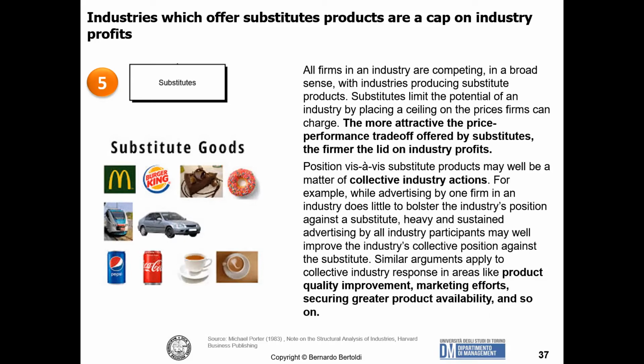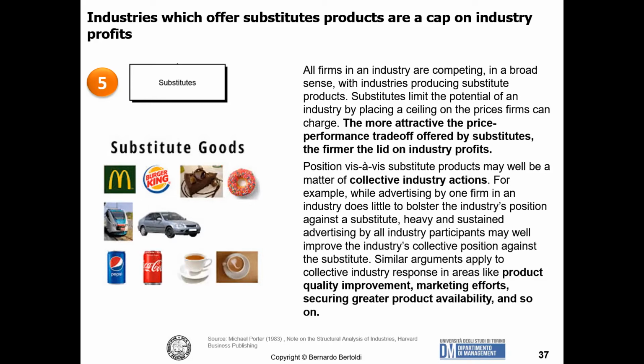So here it's a matter of how much is the price of the substitute product and how much is the performance, how much is the value added for the customer coming from this substitute product. Therefore, every time we increase the price too much or lower the performance in terms of added value too much, customers switch away from the industry as a whole, deciding to buy a substitute product.